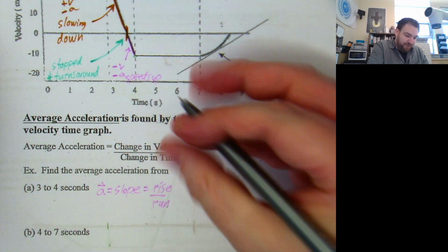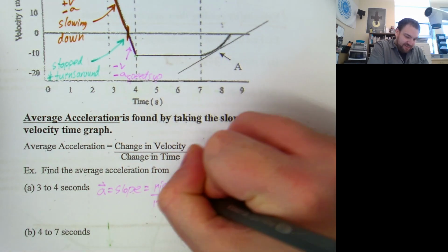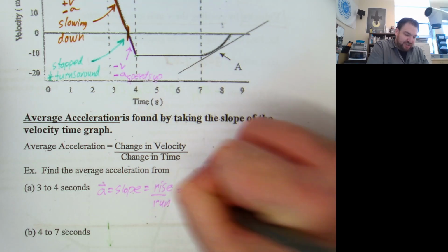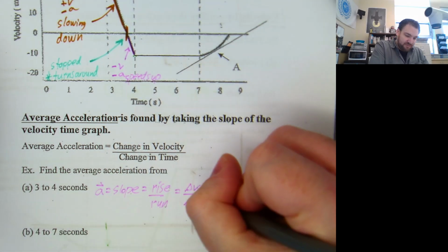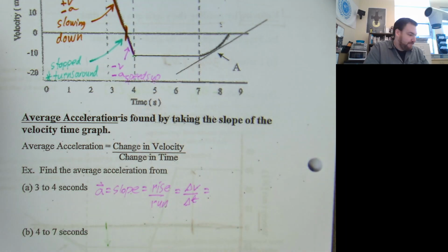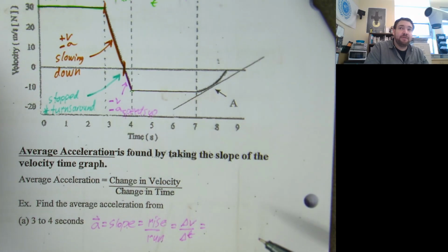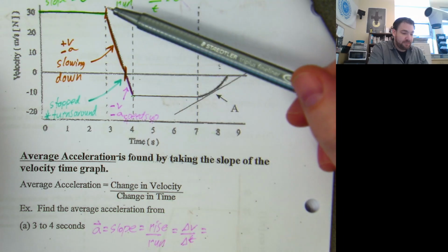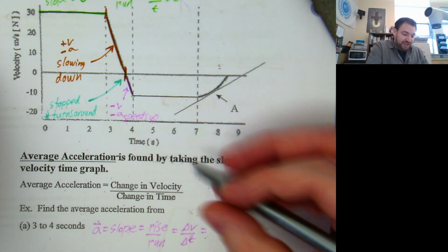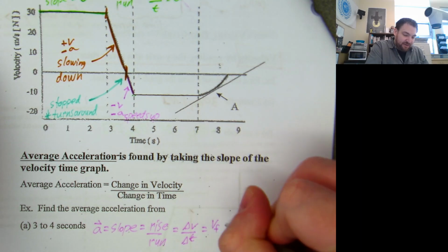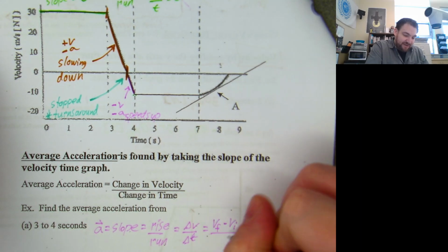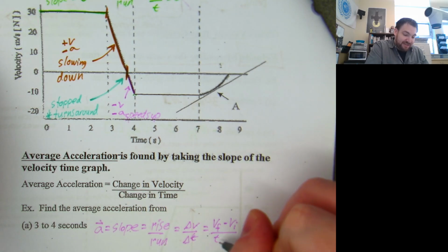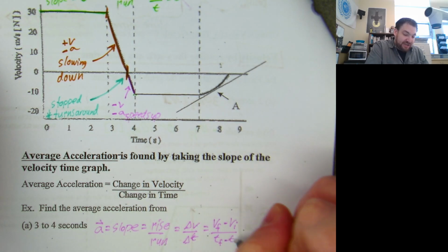Well, rise over run is just a change in velocity over the change in time. What is the change in velocity between 3 seconds and 4 seconds? Well, change in velocity is just v final minus v initial divided by the change in time, which is t final minus t initial.